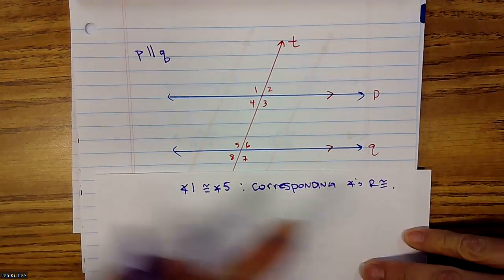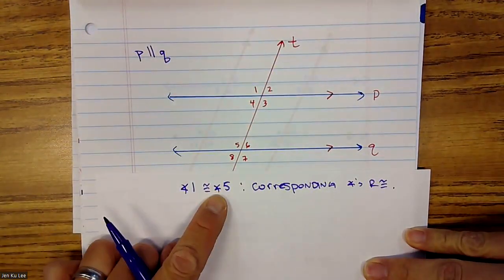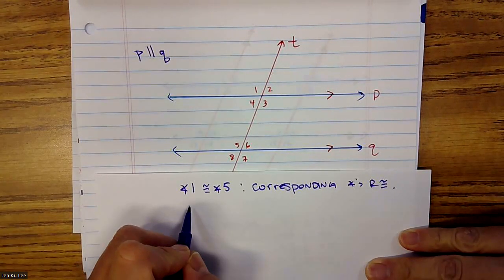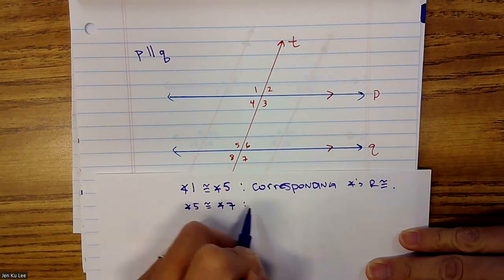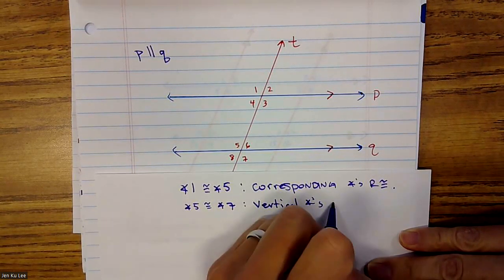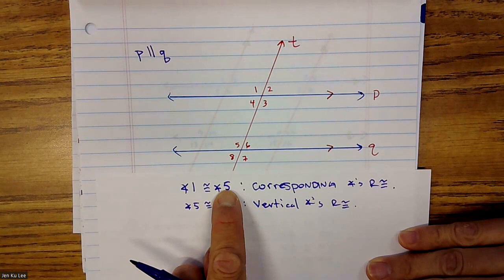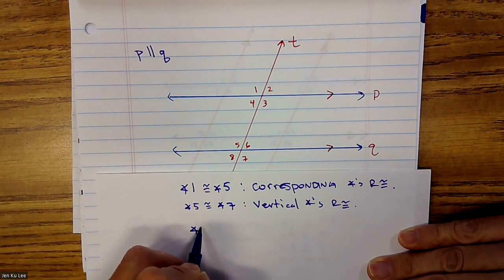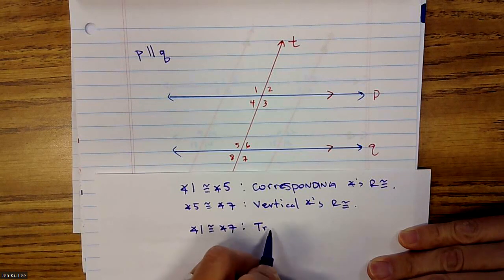The real definition would be if two parallel lines are cut by a transversal, corresponding angles are congruent. And then the next one would be angle 5 is congruent to angle 7 because vertical angles are congruent. Now, since angle 1 is congruent to angle 5 is congruent to angle 7, I can say angle 1 is going to be congruent to angle 7 because of the transitive property.